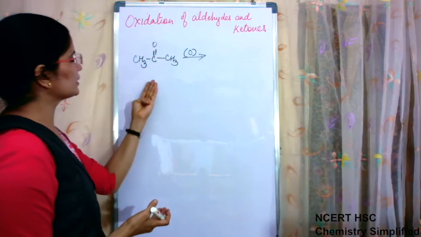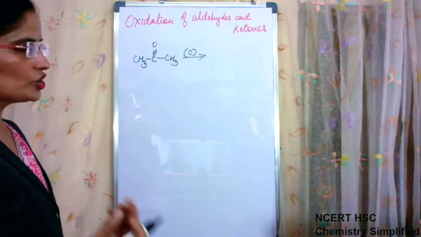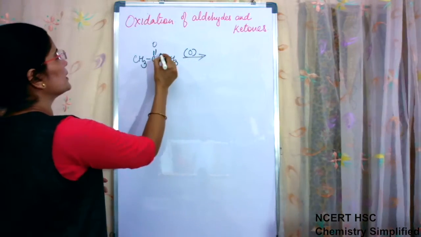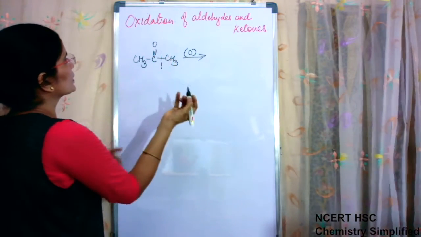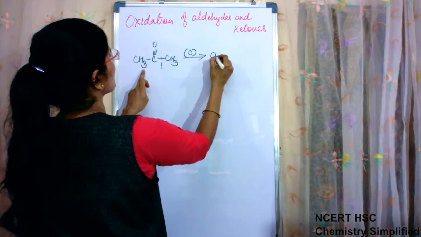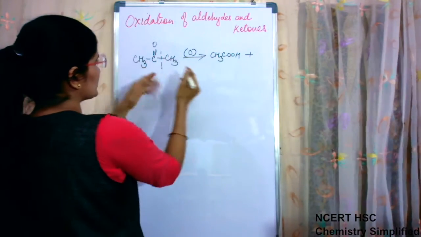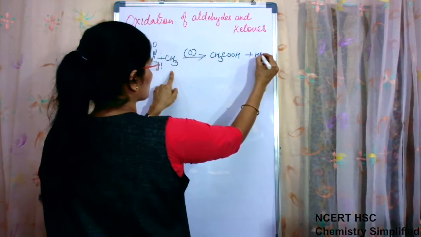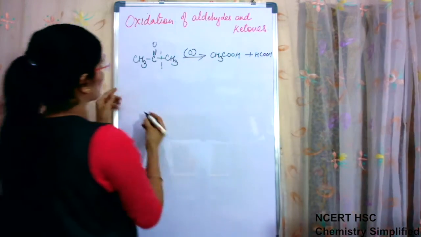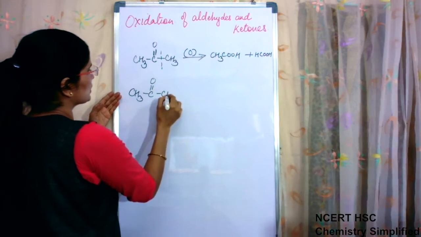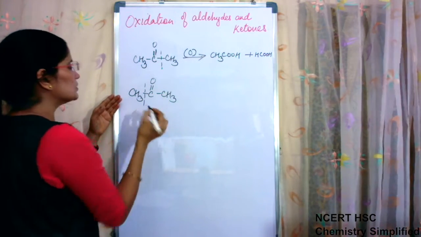So when symmetrical ketones are there is no question that bond will be broken from which side. If it breaks from, suppose, this side, then also the product will be CH3COOH for this side, and remaining side will be HCOOH. The same molecule, suppose this time the bond breaks from this side.